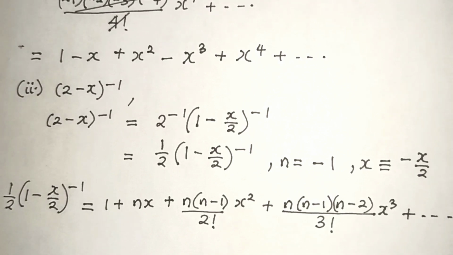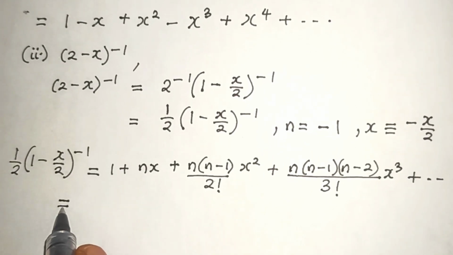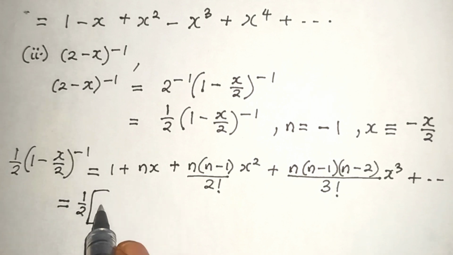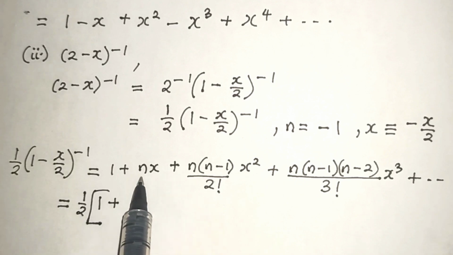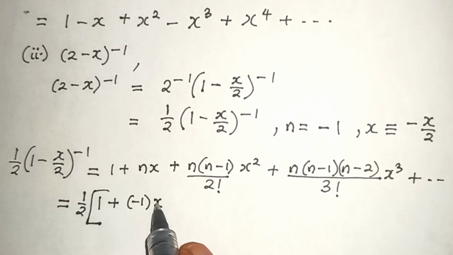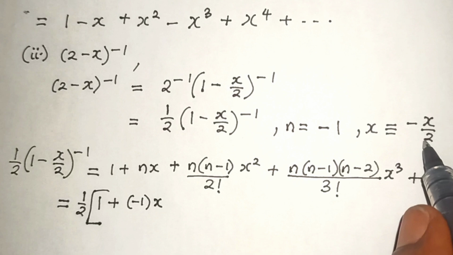So this is going to be equal to half into 1 plus n is minus 1. So we write minus 1 times x. x is minus x over 2.